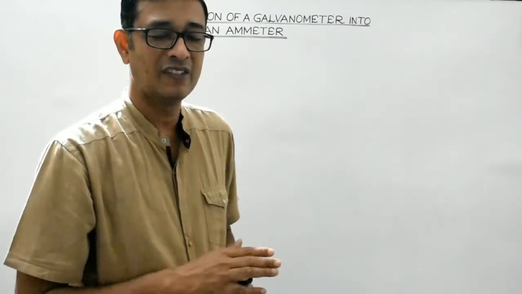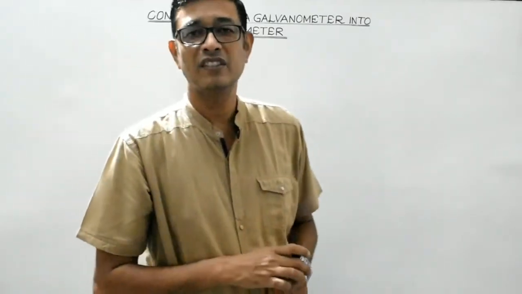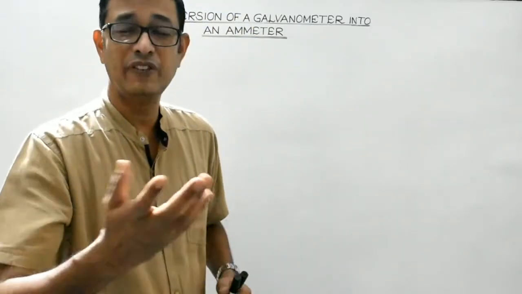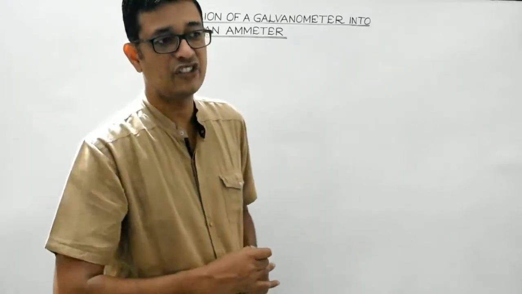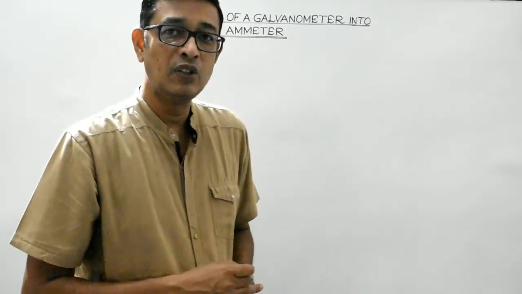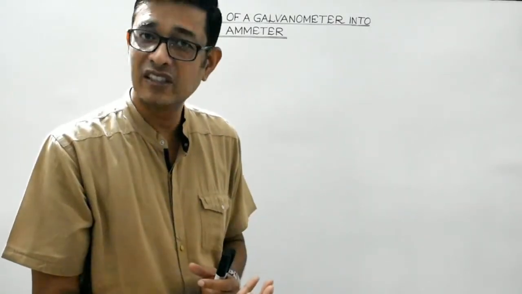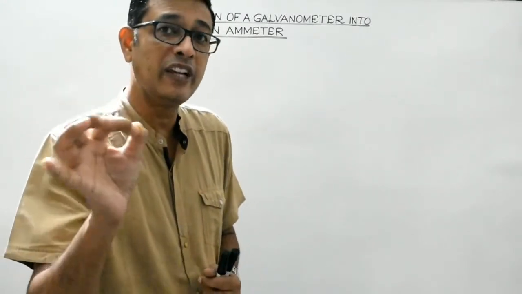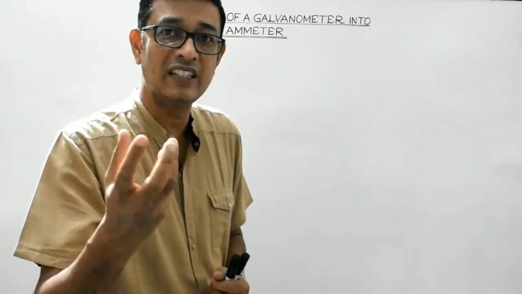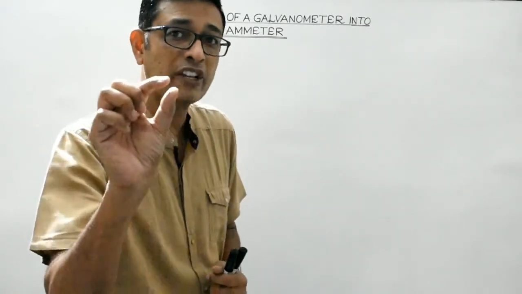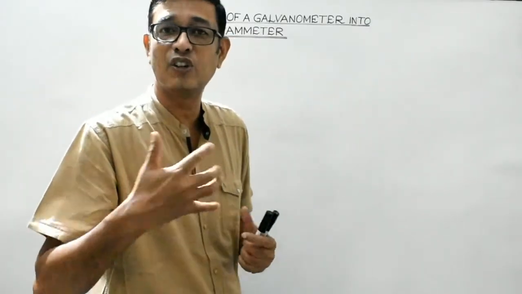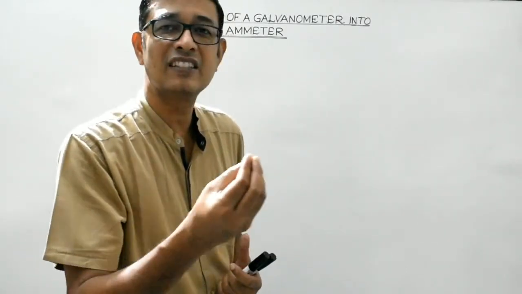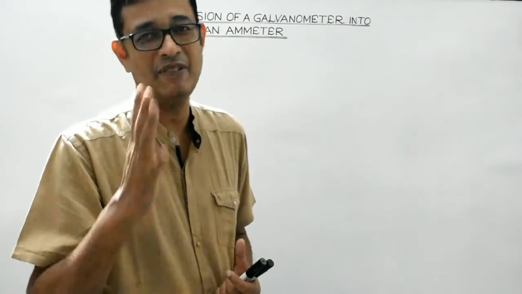That's the first reason. The second reason, students, is that when a large current flows through the wire, we are aware of the heating effect of current: H is directly proportional to I squared. So when the current flowing through the wire increases, an enormous amount of heat is produced. This heat can damage the insulation of the coil, and as a result, due to short circuiting, the device can eventually get damaged.